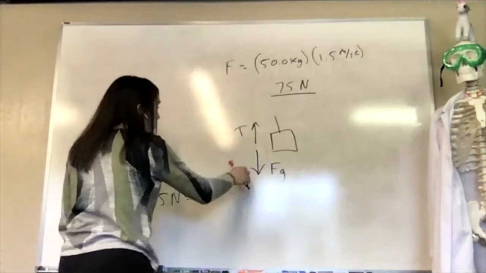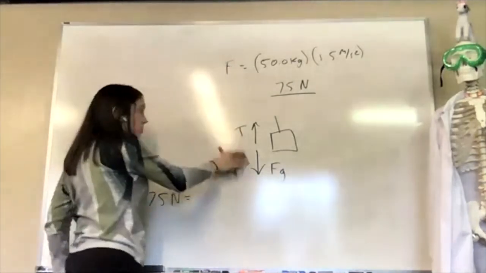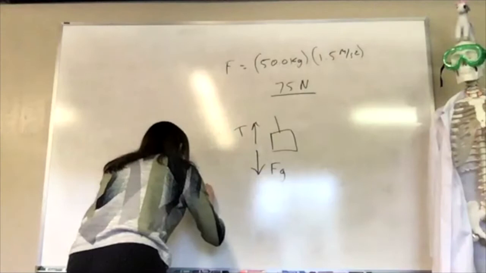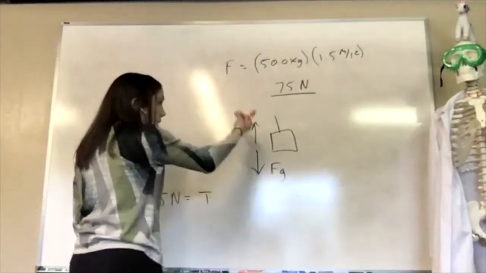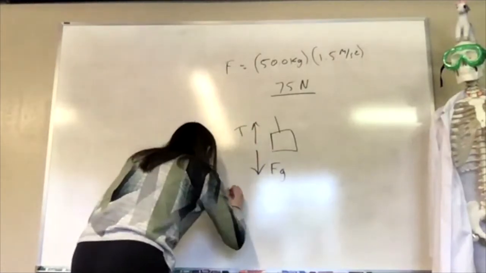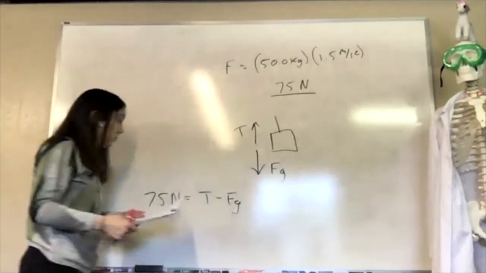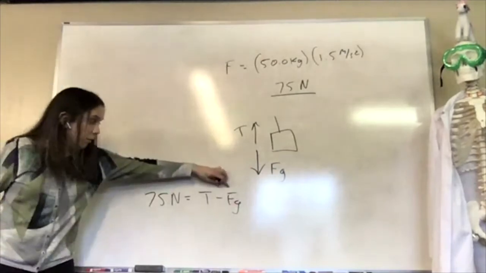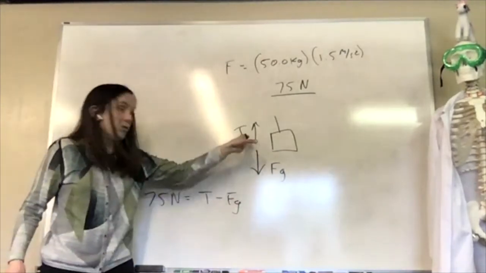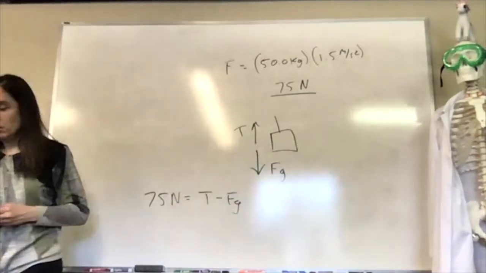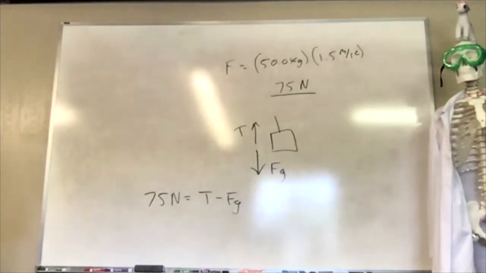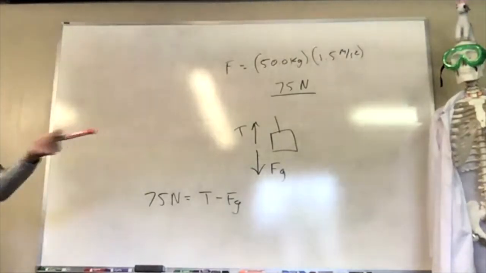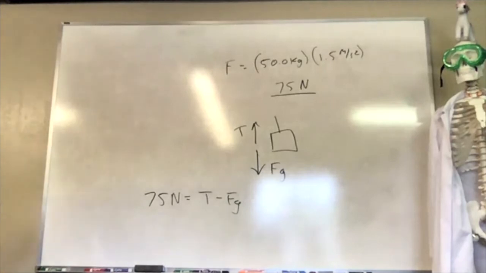That net force would equal the summation of these two forces. Tension is upward, that's positive. Force of gravity is downward, it's negative. What we found is the net force, and we need to find the individual forces, the force of gravity and the tension. Well, unless you're thinking of a tug of war, when it's on the side. But generally, if it's a suspended object in the air, we would say that tension is upward and gravity is downward.